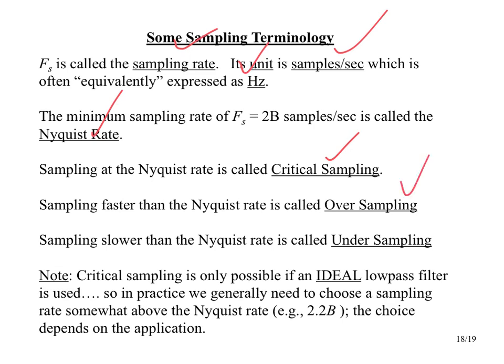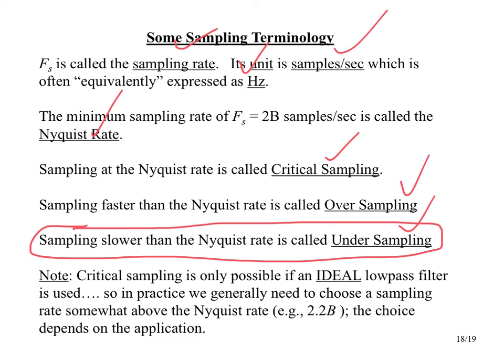If we sample faster, it's called oversampling. If we sample less, it's called undersampling. And generally, we don't want to undersample. As we just saw, if we sample too slowly, we will have aliasing. But we will soon see that in some circumstances, we can actually use undersampling to our advantage. And we'll see that when we get to something called bandpass sampling.